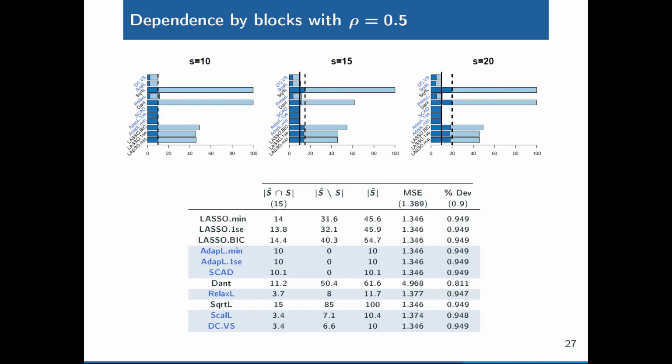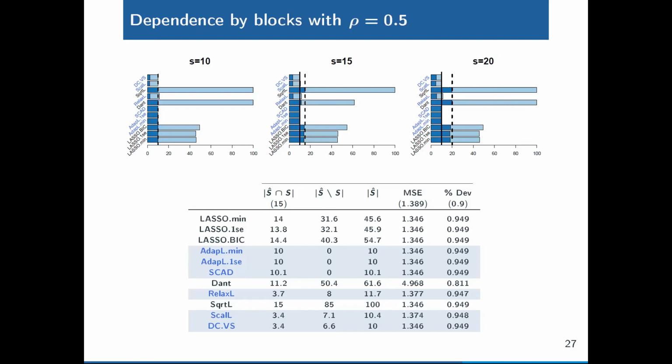It is enough with 10 covariates, and 10 is the location of the continuous line. So we can appreciate that algorithms such as the Lasso versions, the Dantzig selector and the square root lasso always search for the complete recovering of S, but other algorithms make a smarter selection, such as the adaptive lasso versions, the SCAD, the relaxed lasso, scaled lasso, or distance covariance for variable selection.